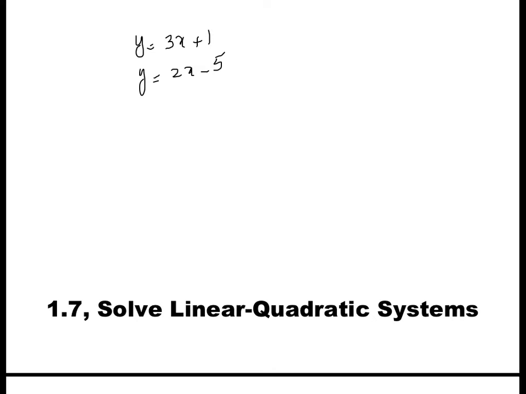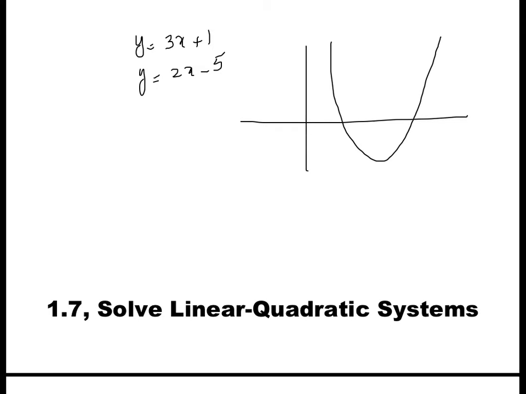a system where one equation is linear, the other one is quadratic. For example, you can have a parabola like the one which is shown and a line which crosses the parabola at 2 points. Now, as you can guess, there are three possibilities for this case between a line and a parabola.